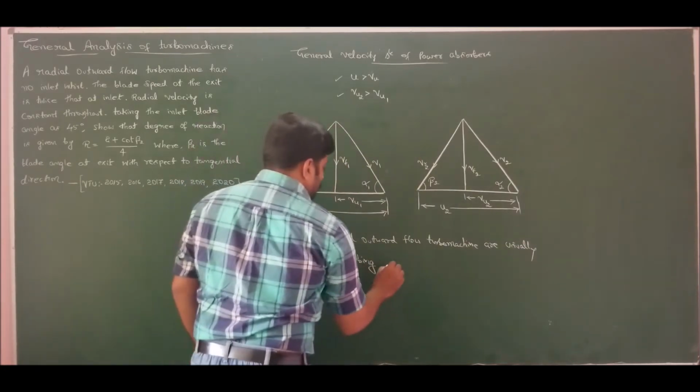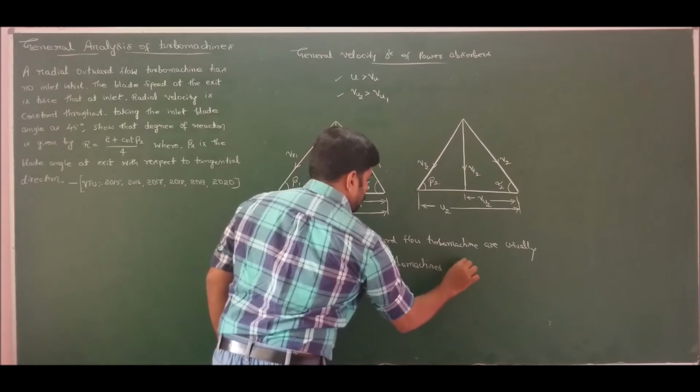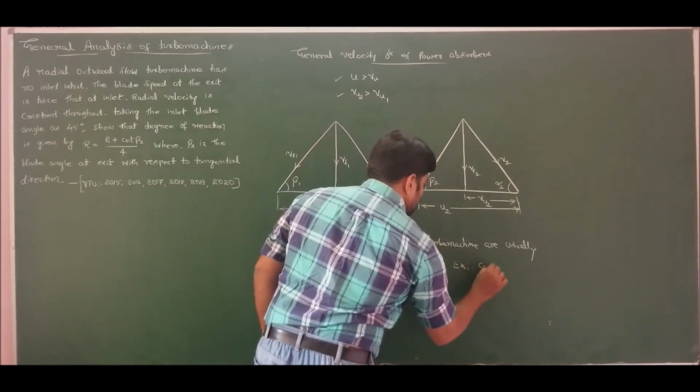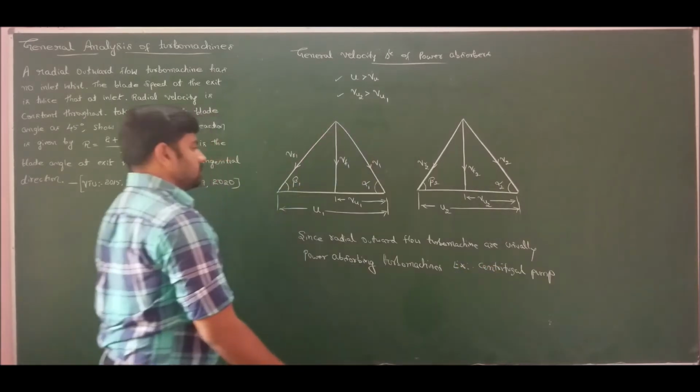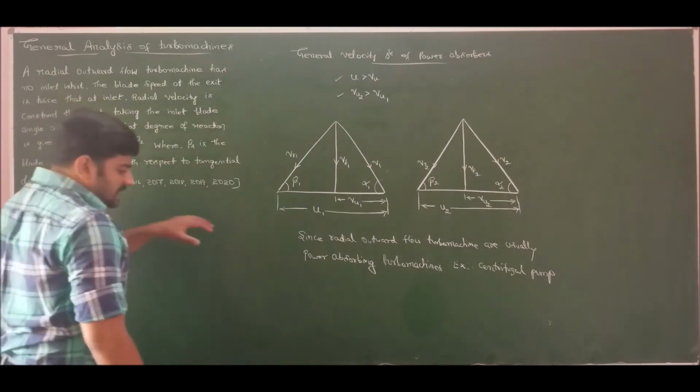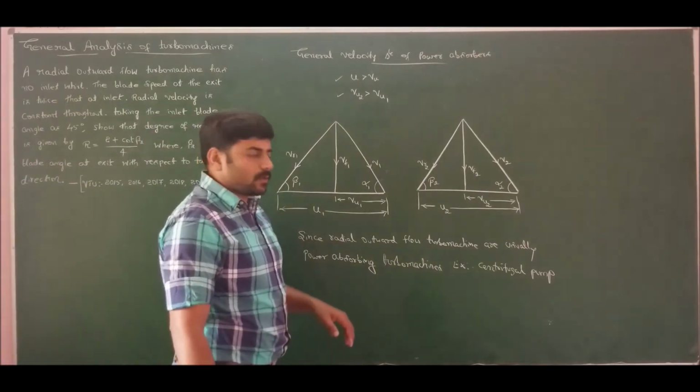Example for radial outward flow is centrifugal pump. We will discuss in detail about centrifugal pump in our last module.